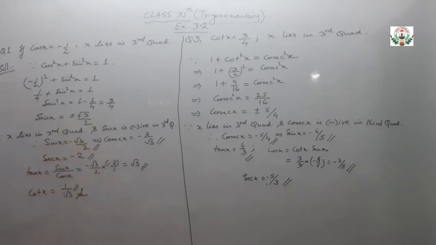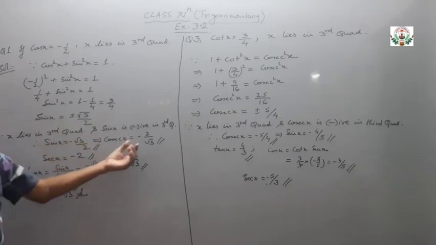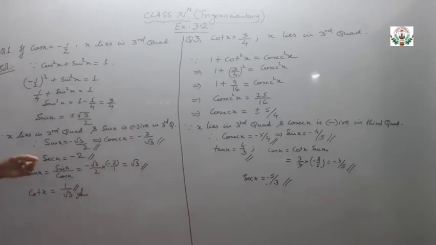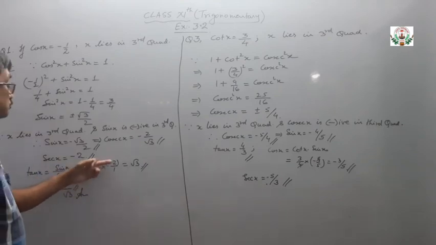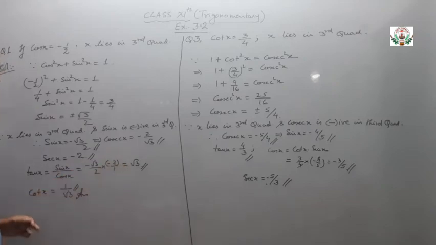Cosec x is 1 by sin x, minus 2 by root 3. Sec x is the reciprocal of cos x, minus 2. Tan x is sin x upon cos x, minus root 3 by 2 divided by minus 1 by 2, which is root 3. And cot x is the reciprocal of tan x, that becomes 1 by root 3.